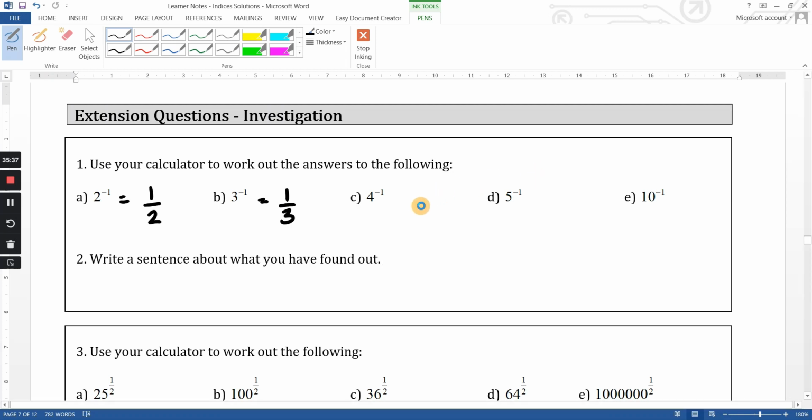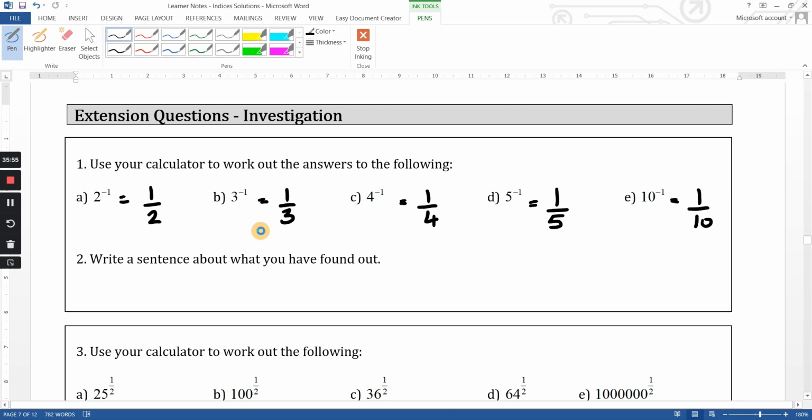That's going to be a quarter. So you can probably see the pattern emerging here. So obviously the next one is going to be 1 over 5, and that's going to be 1 over 10. So what's actually happening is you're doing the reciprocal here.